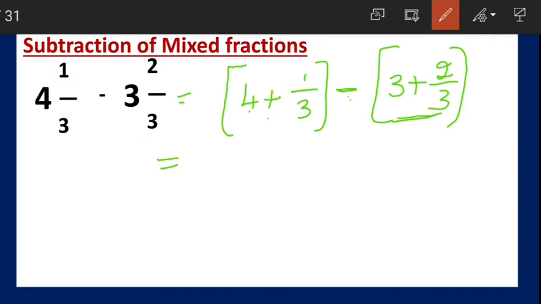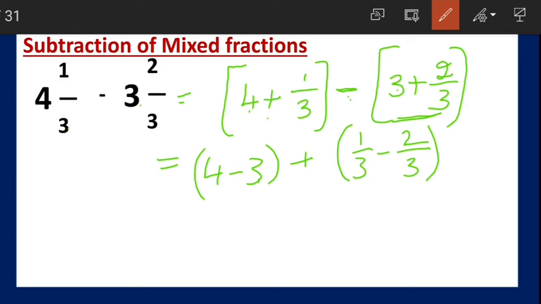Now observe that 4 minus 3, out of 4 wholes, subtract 3, and also out of 1 by 3 subtract 2 by 3. Now if you observe, 4 minus 3 is nothing but 1.